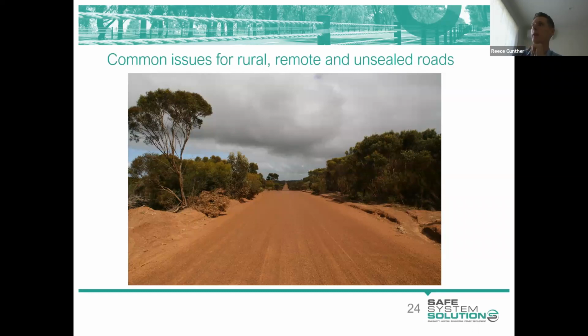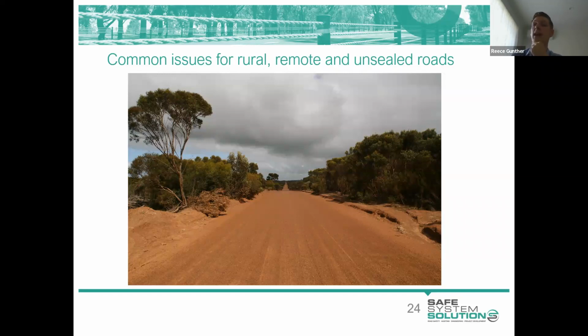Yep, no clear zone, no guide posts, fantastic. So delineation treatments, fantastic. Flooding, yep. So we need to think about drainage elements as well and where they may be located, if possible, providing for them.